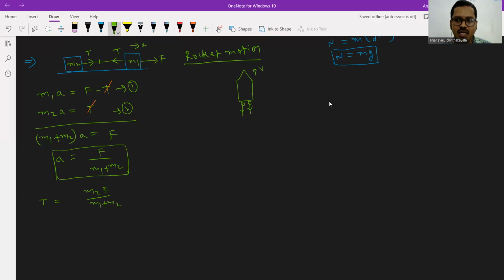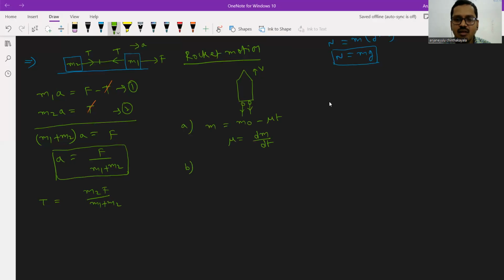So at a particular time t, the mass of the rocket is not constant; with respect to time, mass is continuously consumed. To calculate the mass consumption, see the first formula I'm writing here. At any instant of time t, the mass of the rocket m is equal to the initial mass m naught minus mu into t, where mu is the mass consumption rate, mu is equal to dm divided by dt. This is the first one, the mass relation with respect to time.